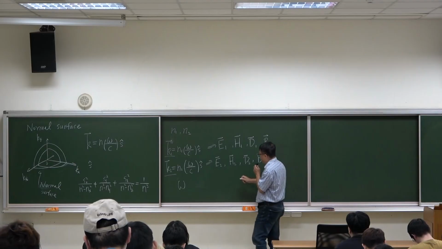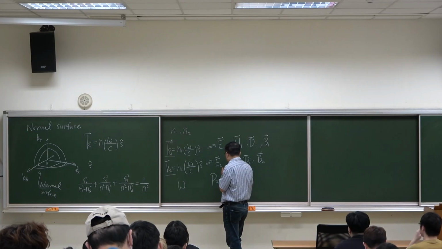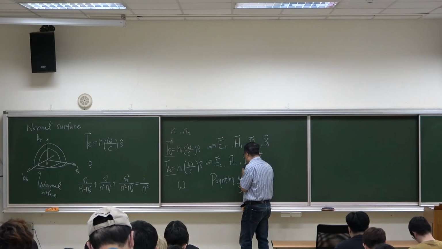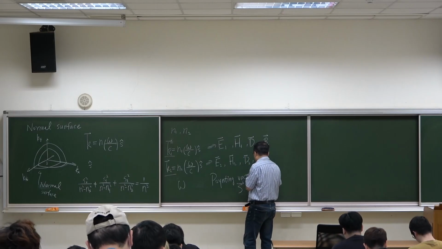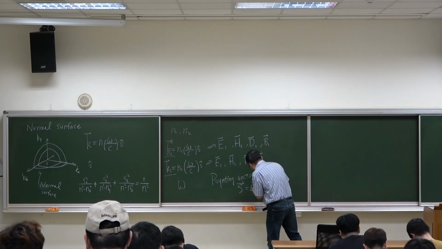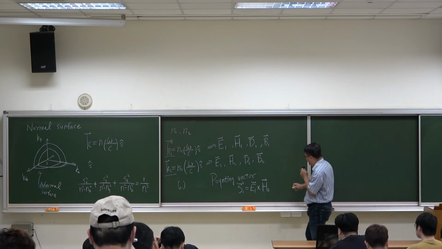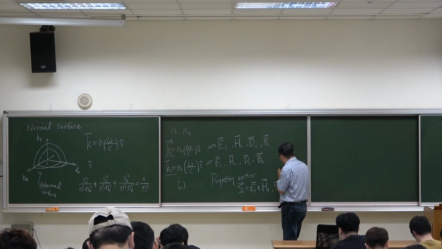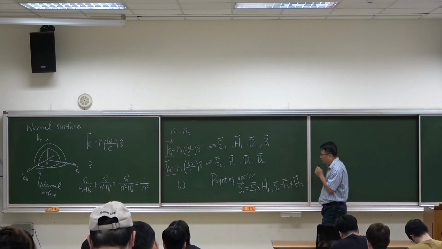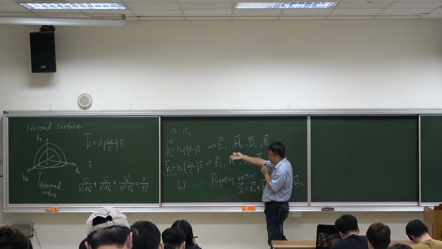The other thing that we can find is the so-called Poynting vector. Poynting vector is formed by this cross product. When you substitute E1 and H1, you find the Poynting vector corresponding to mode 1. And you use E2 and H2 to find the Poynting vector corresponding to mode 2. Poynting vector describes the propagation of energy.